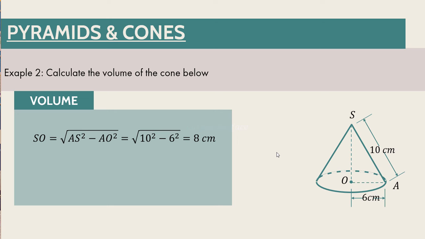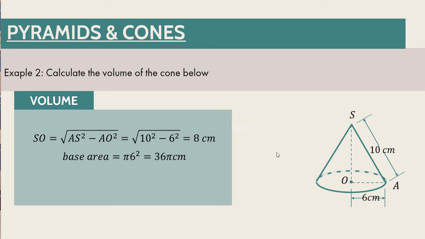We can apply the Pythagoras theorem because we all know that SOA is a right triangle with angle O equal to 90 degrees, right? SO is equal to the square root of AS squared minus AO squared, which equals the square root of 10 squared minus 6 squared, which equals 8 centimeters.